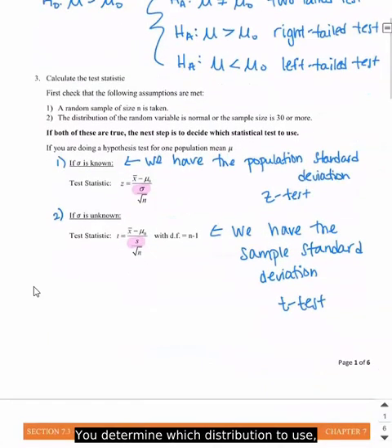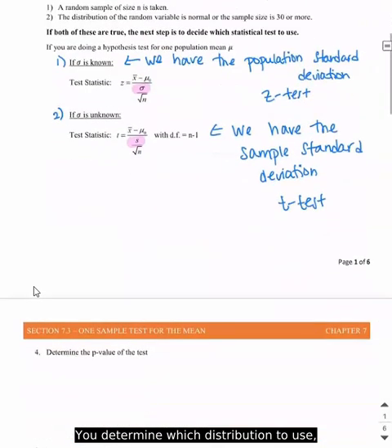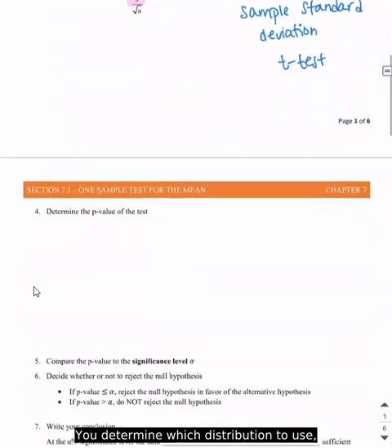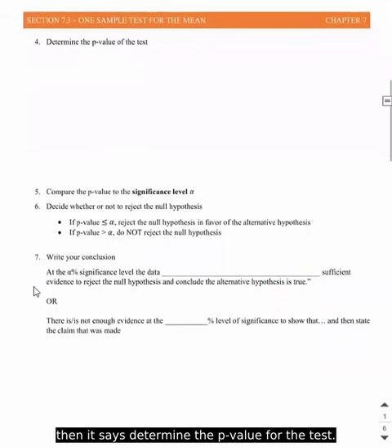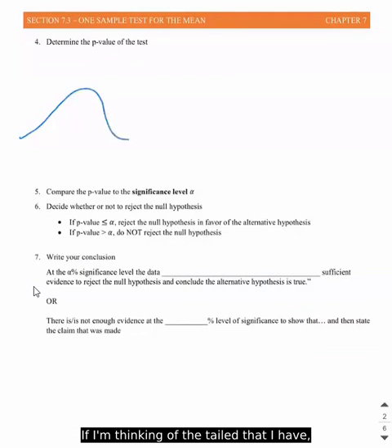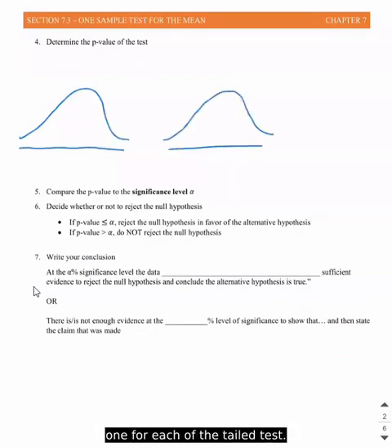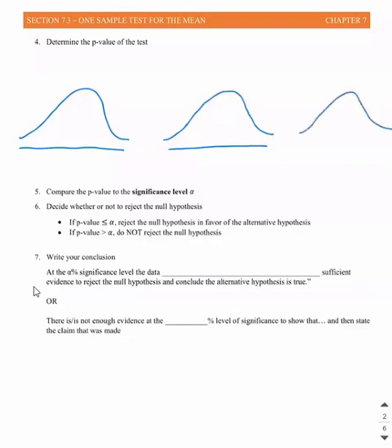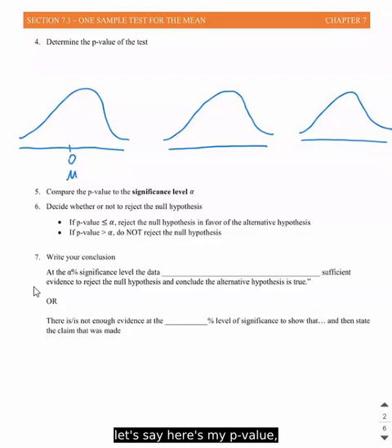So once we determine which distribution to use, the next step is to determine the p-value for the test. If I'm thinking of the tail that I have, let me draw my three curves here, one for each of the tailed tests. So here's my mean of 0. Let's say here's my p-value, and here's my standardized test statistic.